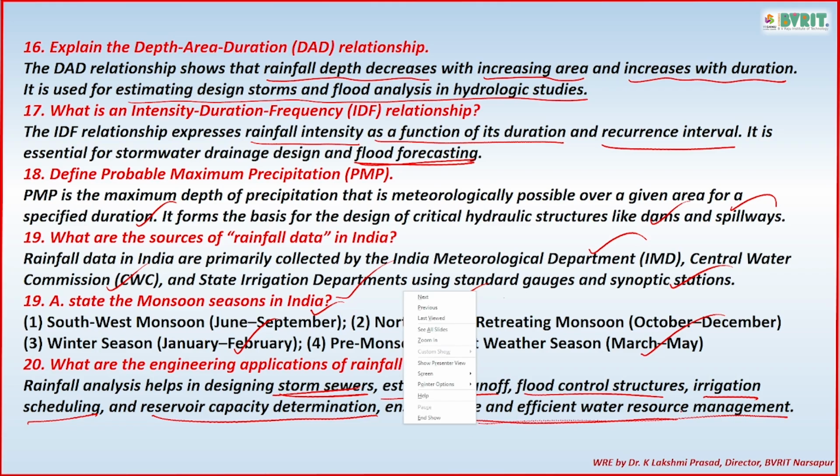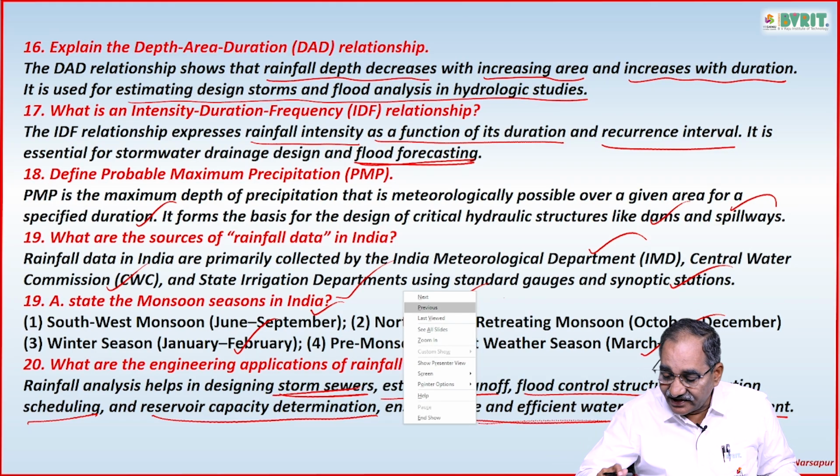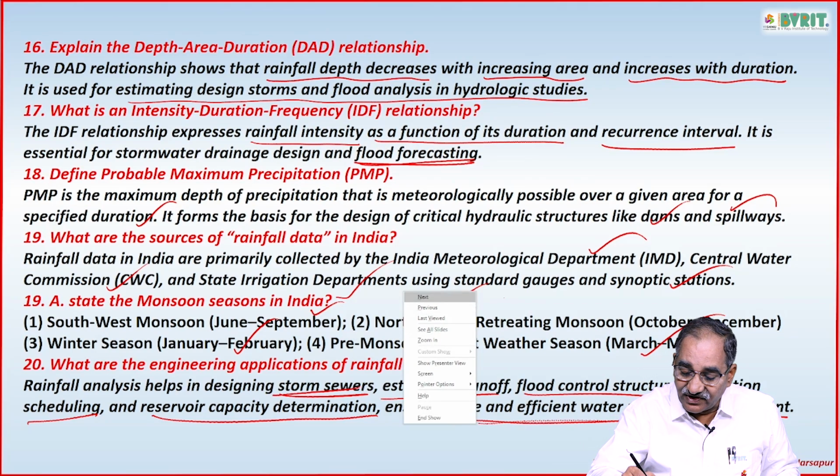Basically, the analysis of rainfall is for safe and efficient water resources management in terms of the design of storm sewers, estimating the runoff, the flood control structures, irrigation scheduling and reservoir capacity determination. So these are the 20 questions which we have.